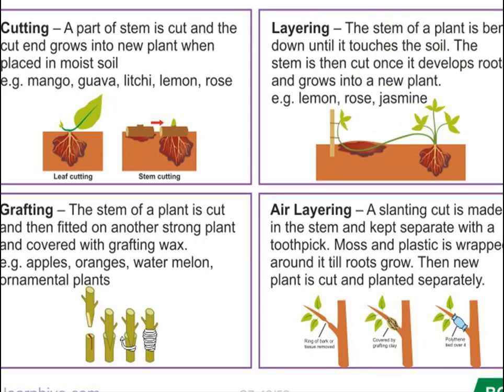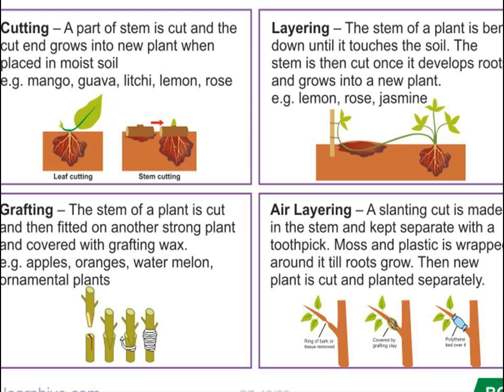This is a stock. The lower one, left side, second picture, the left side down picture, you see, that is grafting. The stem of a plant is cut and then fitted on another strong plant and covered with grafting wax. It is commercially used in mango, apples, watermelon, ornamental plants, rose, etc.